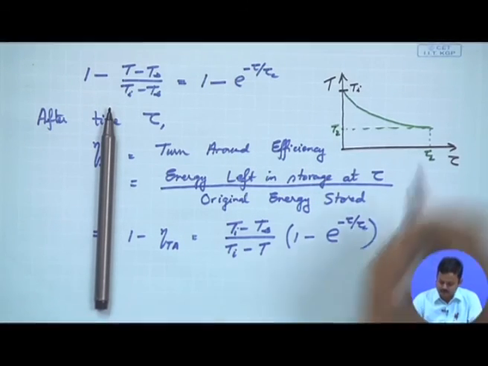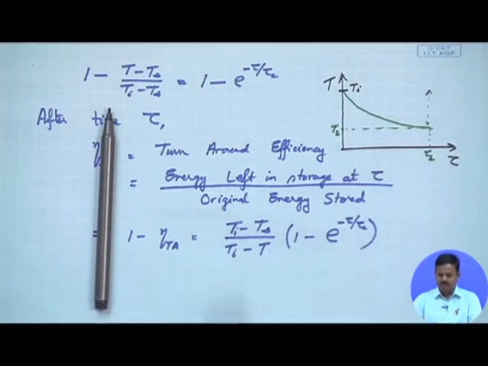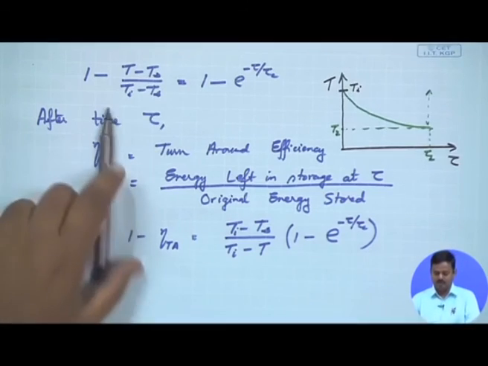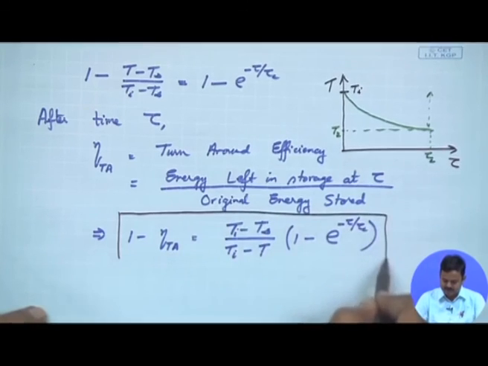Clear? So, this is the amount of temperature that has dropped, and therefore, the amount of energy that has been lost due to convection can be calculated using the lumped capacitance method, and this is the expression that we get.